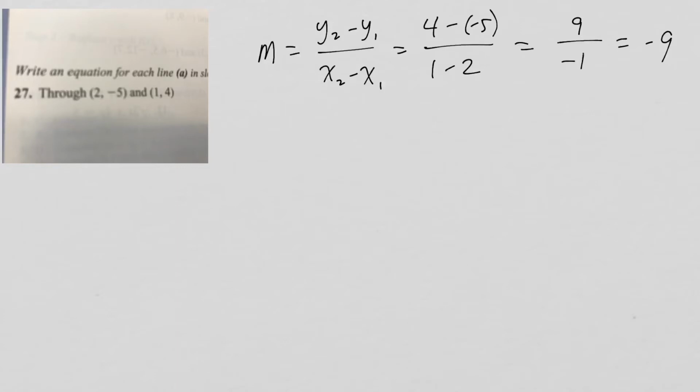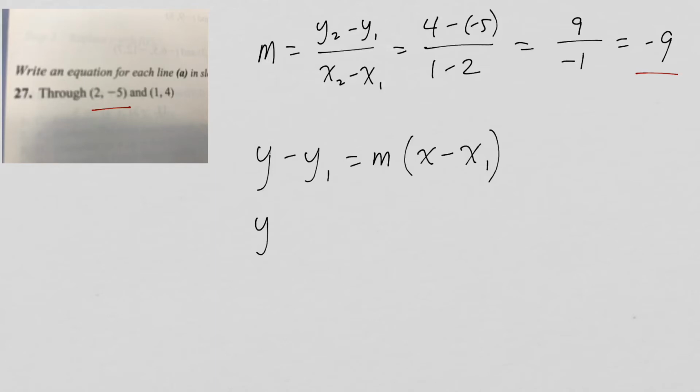So let's put it into point slope form. Since we have a point, choose either one, and we have a slope, we'll put it into point slope form. Our point slope form is y minus y1 is equal to m times x minus x1. And we'll substitute the subscript values with our point.